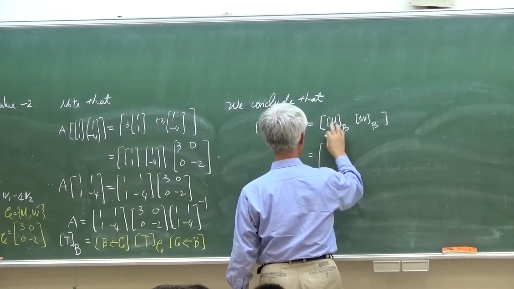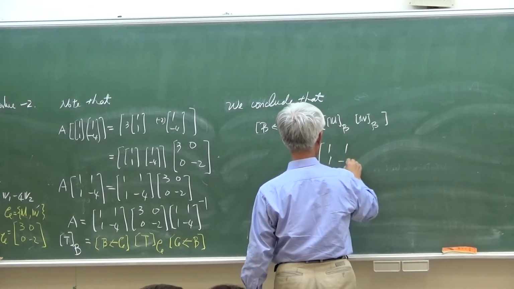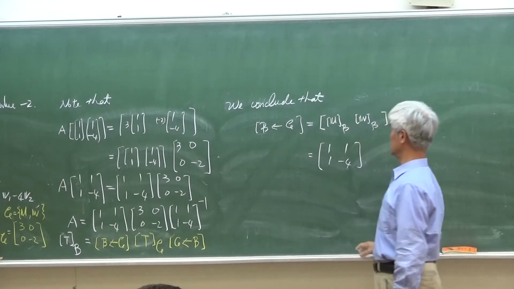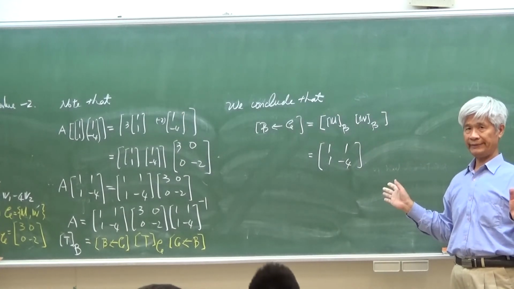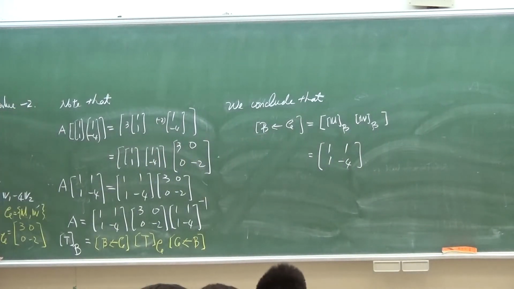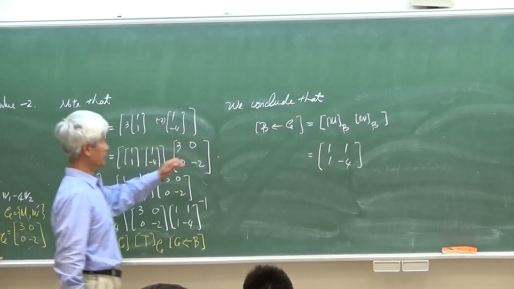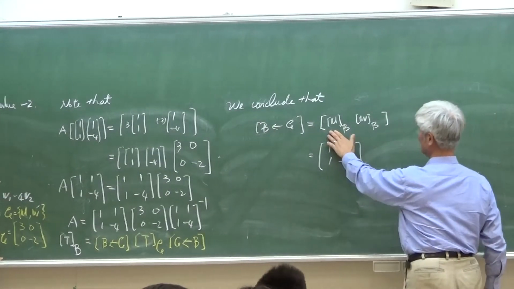And of course, so this is 1, 1, and 1. So everything just fits to each other, right? So the check is that, because the transition matrix we studied is this one, right?